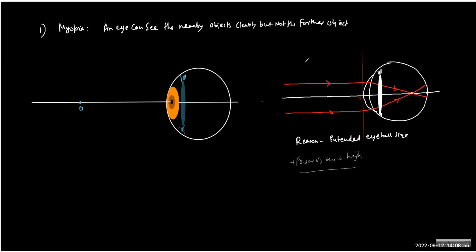So what we do is, in the path of the eye, we bring the diverging system. This diverging system will change the path slightly ahead.